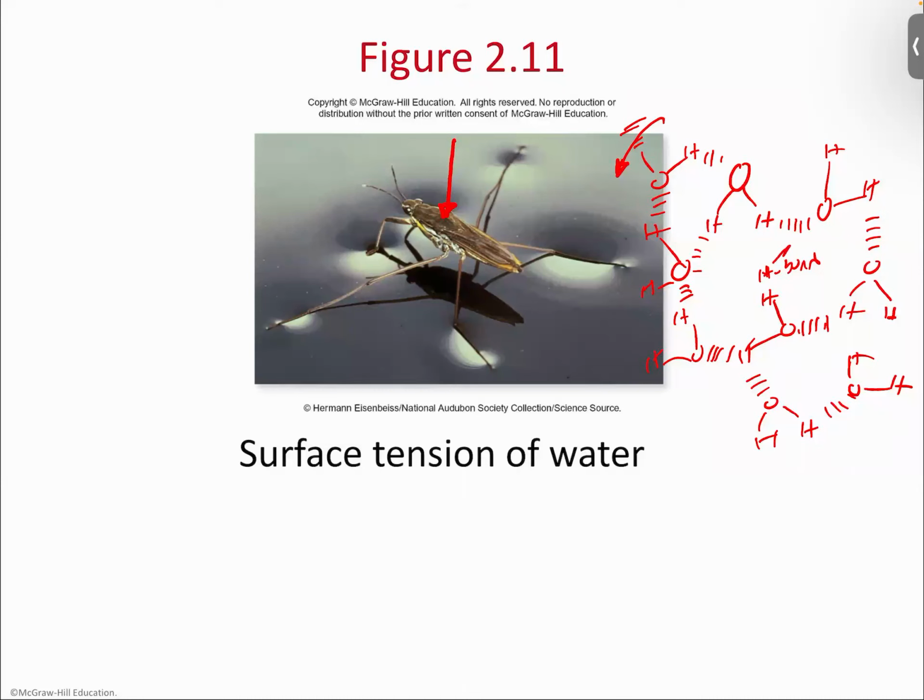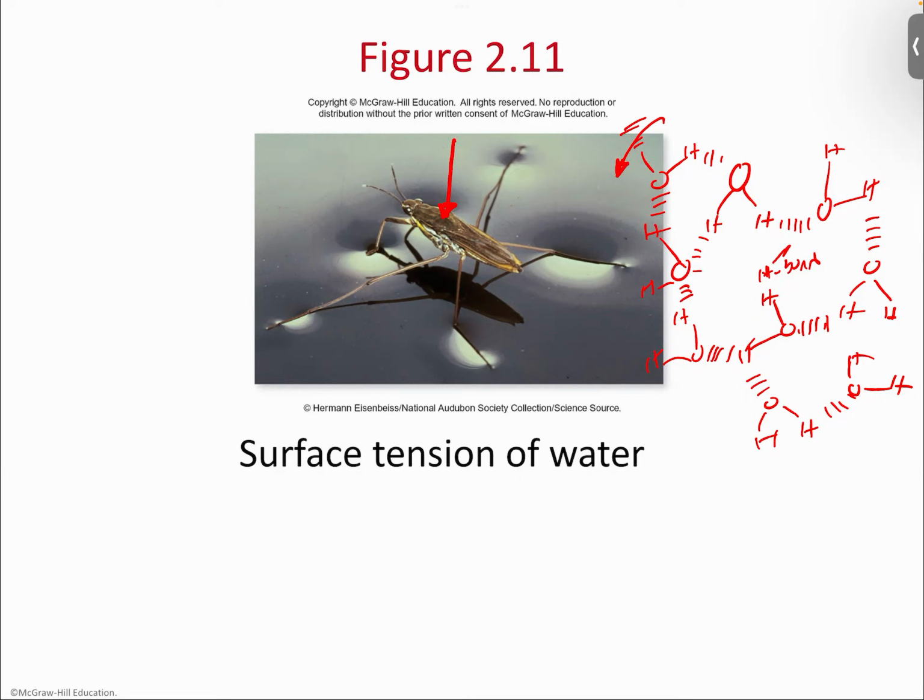Why? Because he doesn't have much mass, right? The gravity pulling on your mass is going to create a downward force. And if that doesn't equal or exceed the cohesion of the water molecules wanting to hang on to each other, then you're not going to sink. And for this guy, that means he's going to be skittering along the surface of the water.